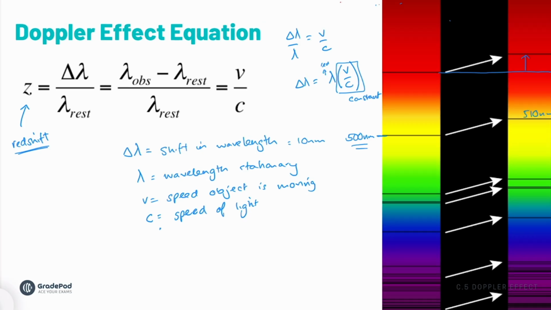You'll see that the shift in wavelength here is actually bigger than the shift in wavelength between these two. And that's because the wavelength of red is greater than the wavelength of green, meaning this delta lambda factor is going to be greater as it shifts through the red end of the spectrum.